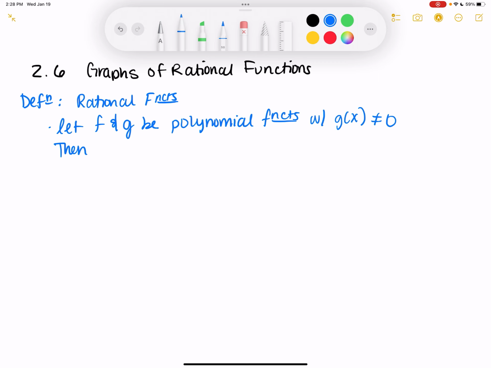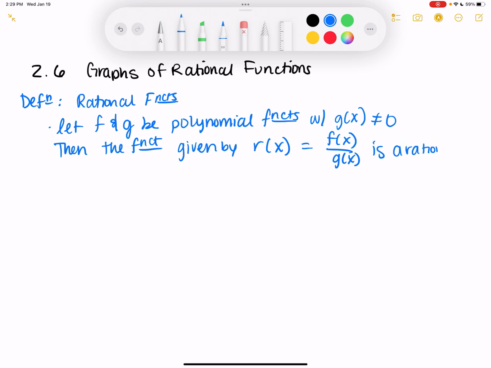Then the function given by r of x, symbolizing rational function, is equal to f of x over g of x, is a rational function. So r of x just symbolizes that it's going to be a rational function.